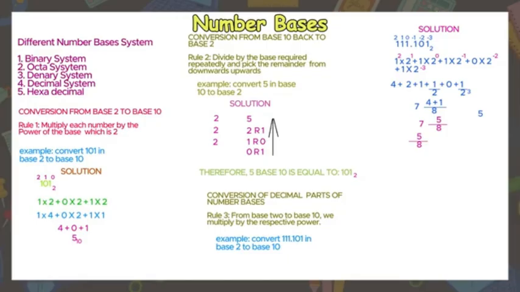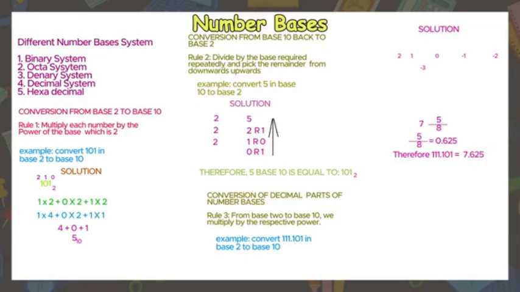Then we bring 0 down. 8 in 20 is 2, leaving a remainder of 4. 8 in 40 gives us 5. Therefore, 101.101 base 2 is equal to 7.625 base 10.